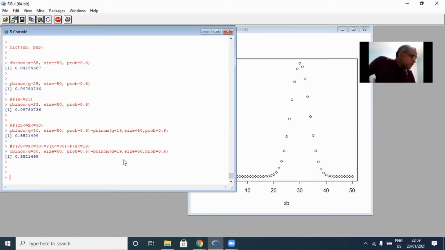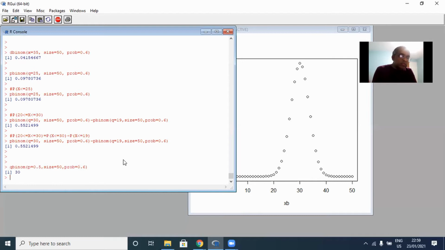Now next are the quantiles. If you use qbinom, you can obtain the quantiles of the binomial distribution. For example, the median corresponds to the probability being equal to 0.5. So the median for the binomial random variable with size 50 and probability 0.6 is this.